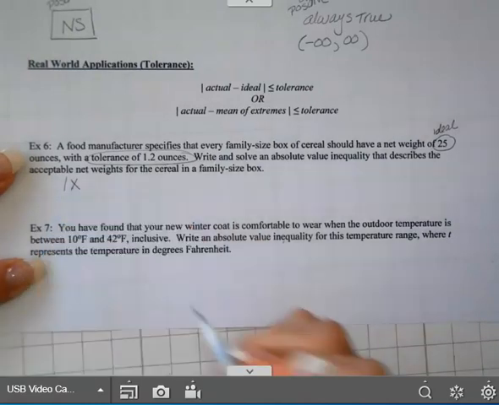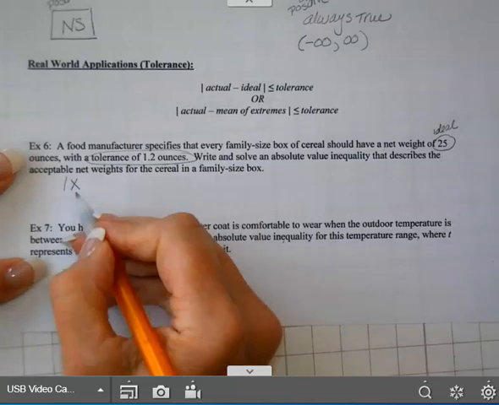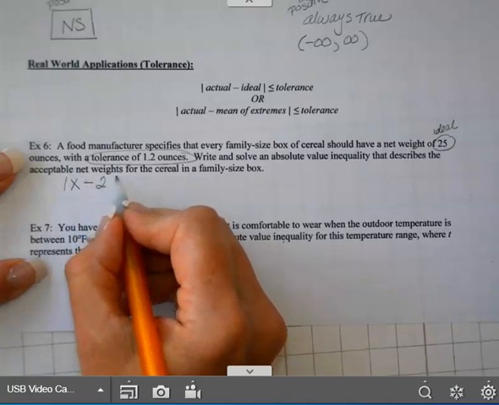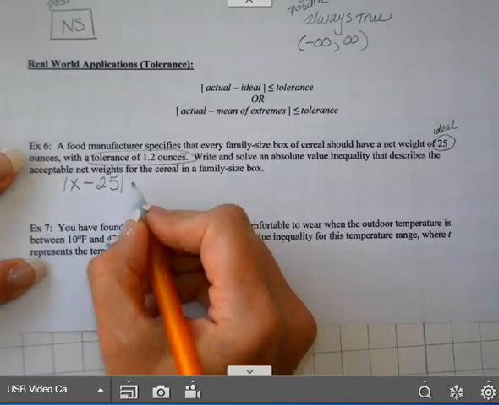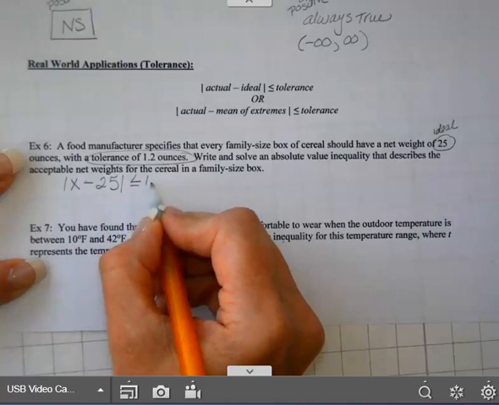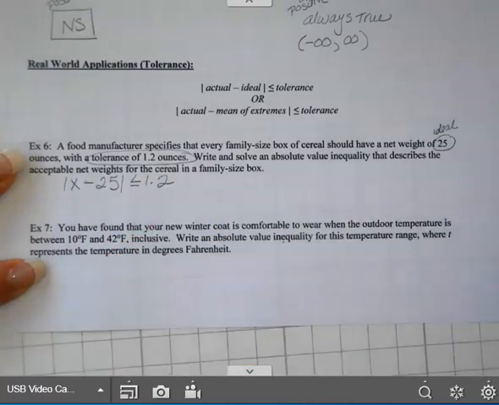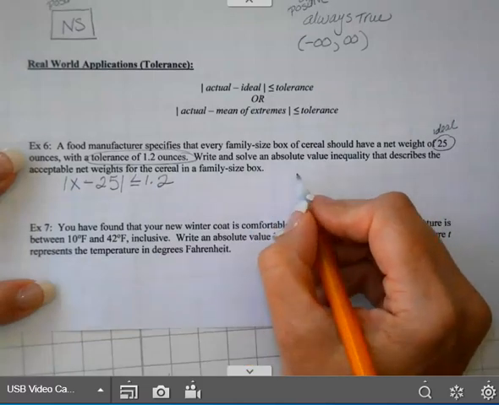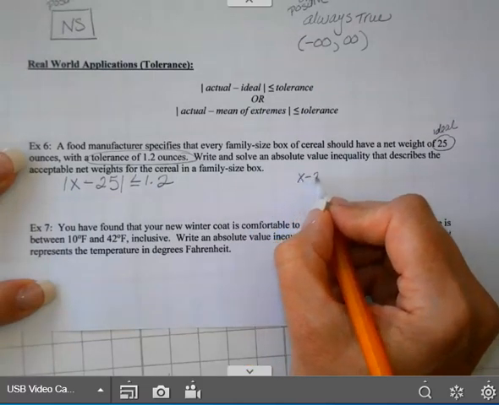So the actual, we don't know. They're going to vary from each box. Minus the ideal, which was 25. And we want that within a tolerance of 1.2. This is an and statement. Since this is a number, if you want, you can just smash it between.